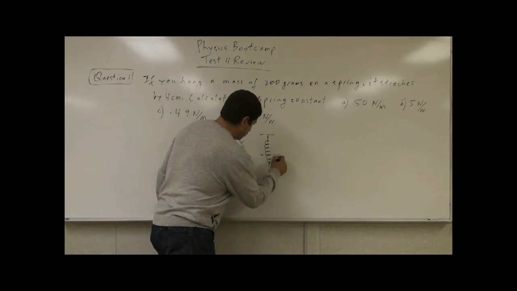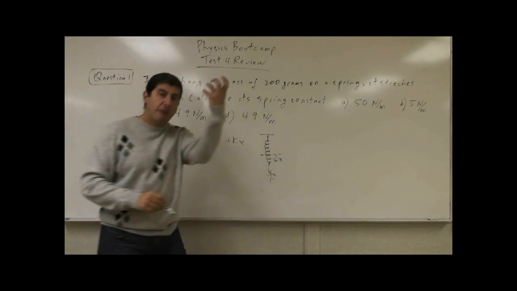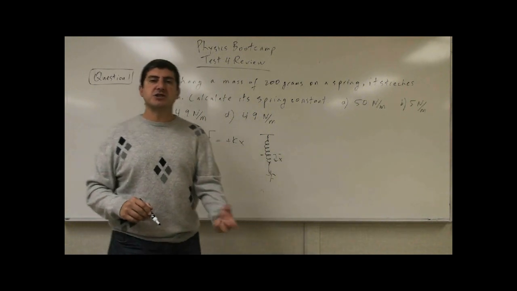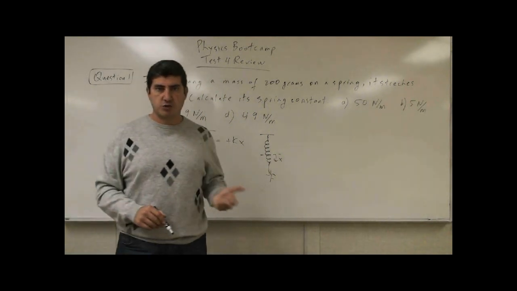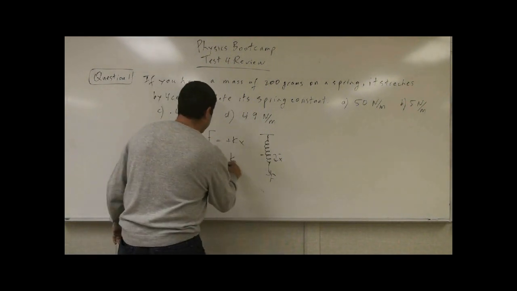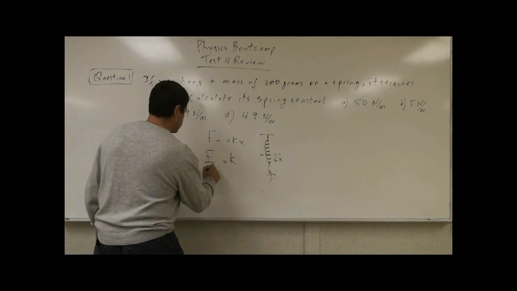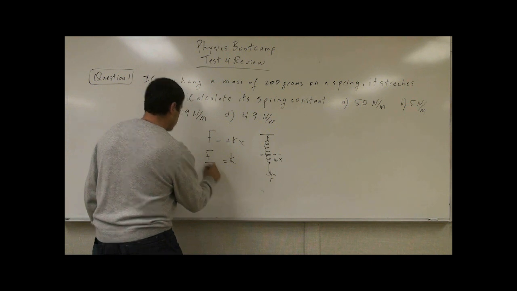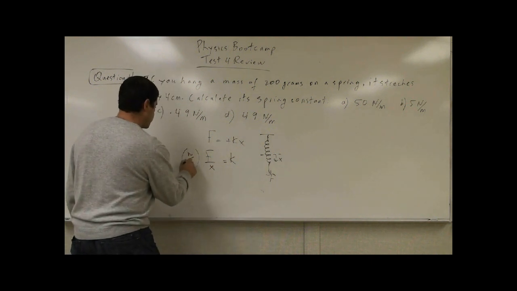The x is the amount by which the spring is stretching from its natural equilibrium position. The k is its spring constant, measured in newtons per meter.